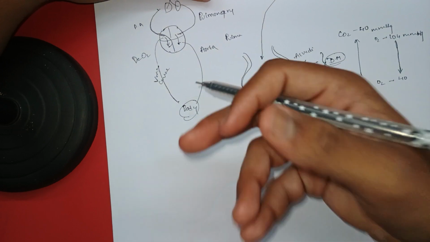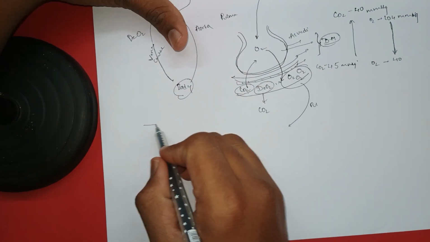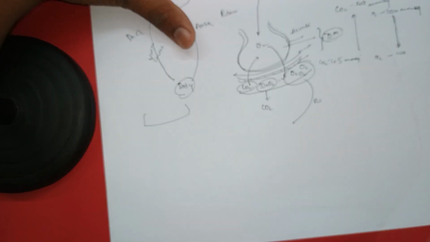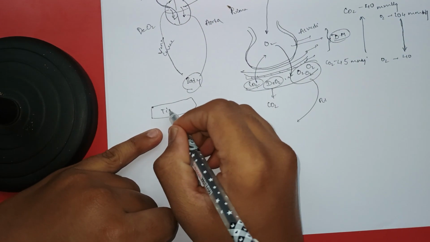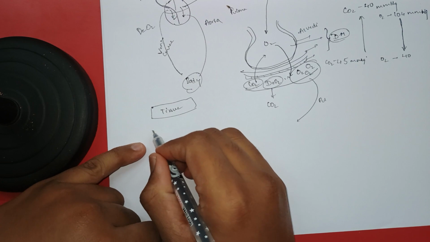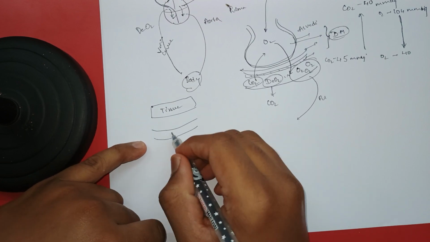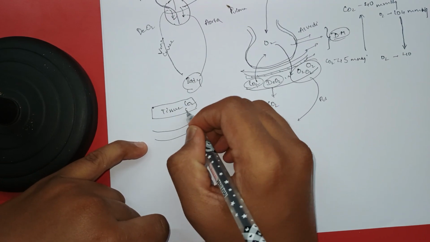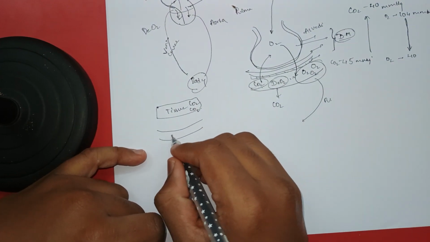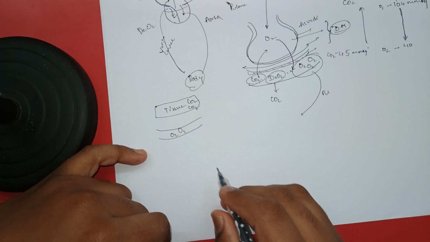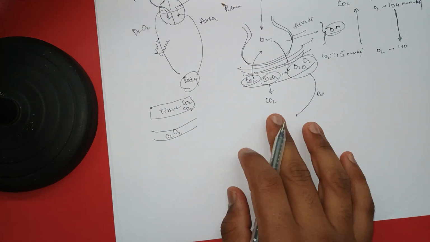In the body parts, if this is the tissue, and this is a blood capillary supplying the tissue, then due to the metabolism happening in the tissue, carbon dioxide is produced, and in the capillary we have the oxygenated blood.